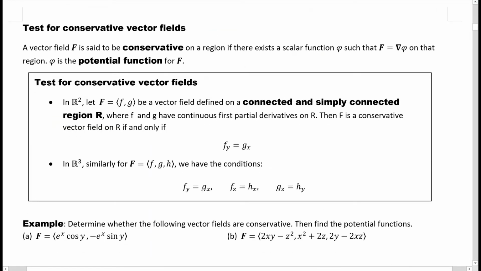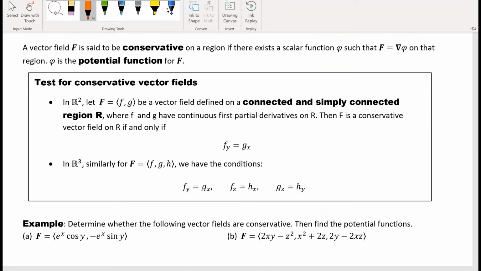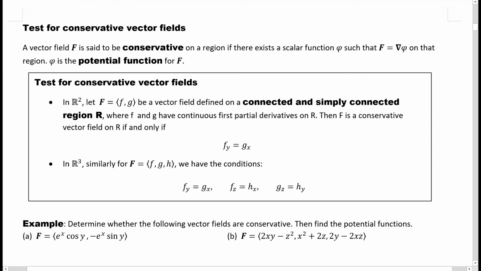Test for conservative vector fields. A vector field F is said to be conservative on a region if there exists a scalar function phi such that F equals the gradient of phi on that region. Phi is the potential function for F. Here's the test for conservative vector fields.